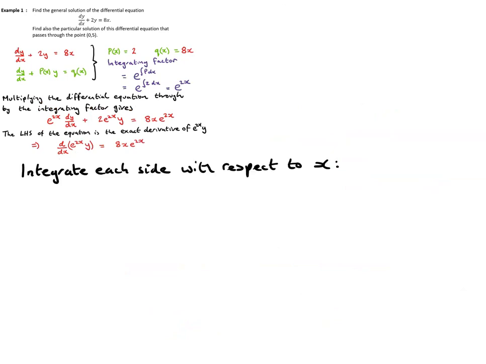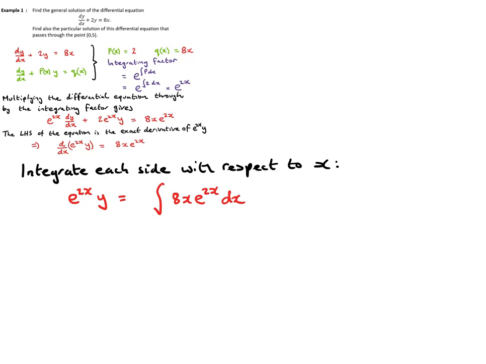So we now need to integrate each side of our new differential equation with respect to x. The left-hand side just becomes e to the 2x times y equals the integral of 8x e to the 2x dx.